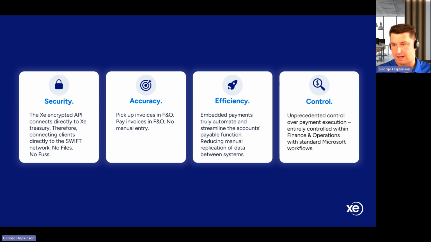CFOs have unprecedented control over their reporting of who built the payment, who approved the payments, and who released the payments. So you do have that ability, which you wouldn't normally have either with a domestic ABA file solution or with the manual processes, which a lot of companies are still doing.